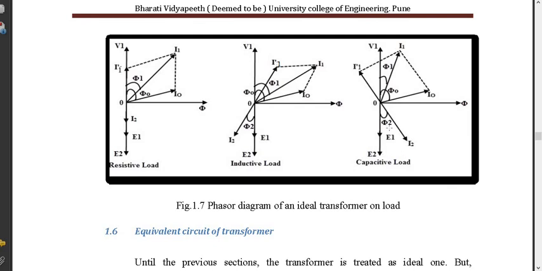So there are three different phase angles over here in the transformer. One is phi 0, the no load power factor, phi 1, the primary power factor, and phi 2, the secondary power factor. So which particular power factor is to be taken while deciding the rating of the transformer as VI cos phi? Somebody will say I'll take phi 0, somebody will say phi 2, somebody will say phi 1; anything can be taken.